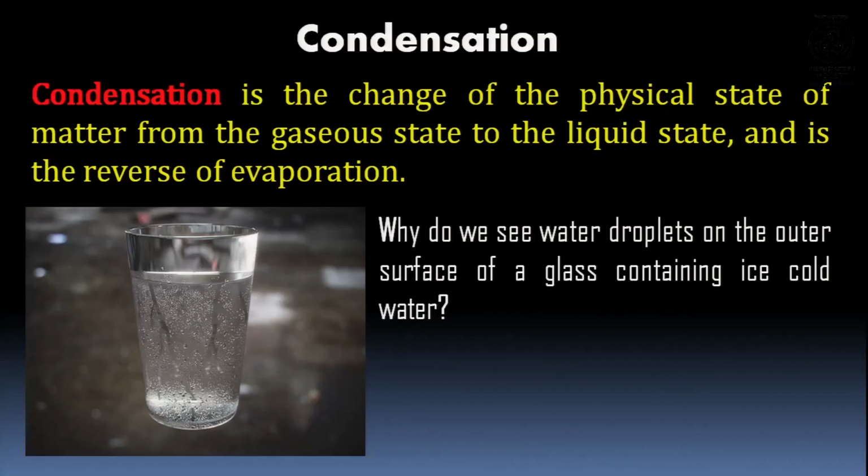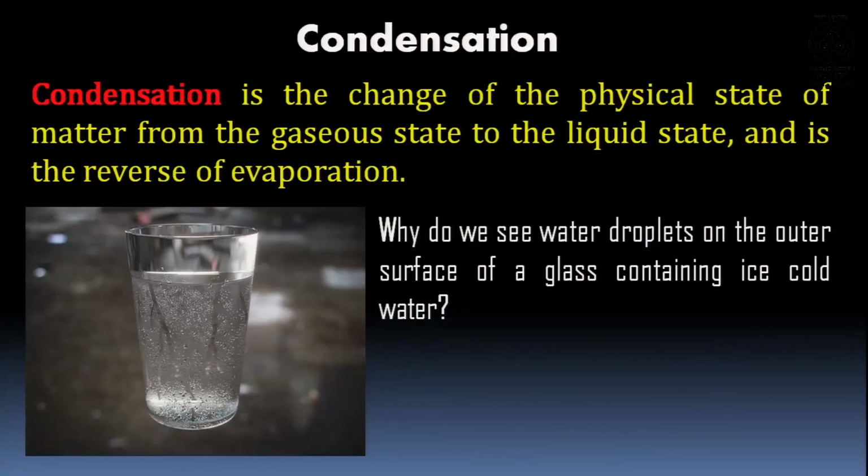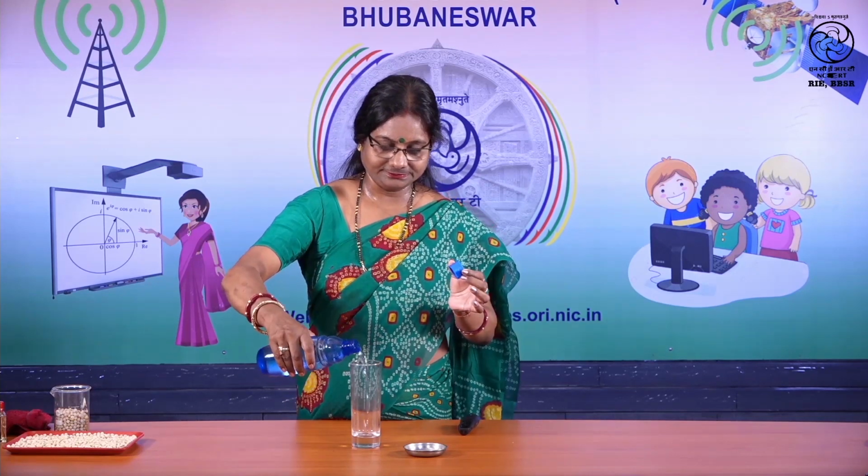Children, here you see the picture of a glass having ice cold water. Why do we see water droplets on the outer surface of a glass containing ice cold water? Let's see here also. I've got some ice cold water. Let me put it in this glass.